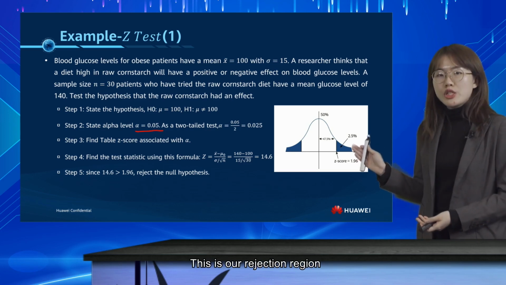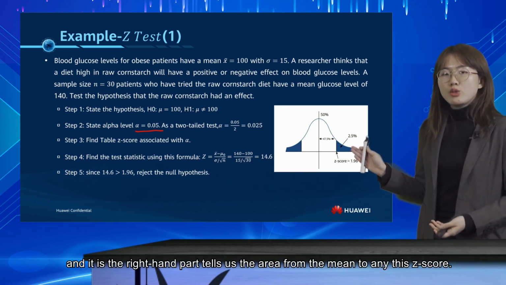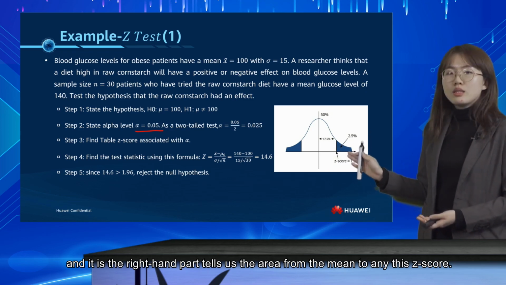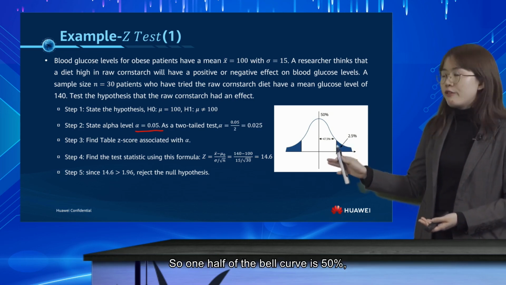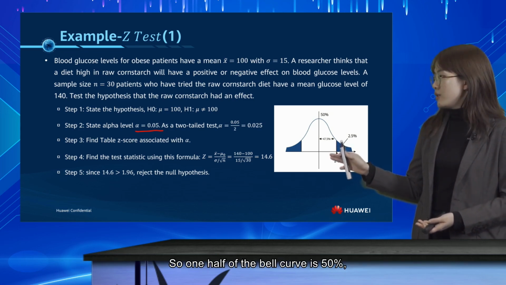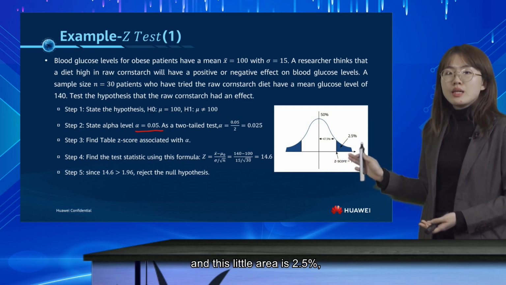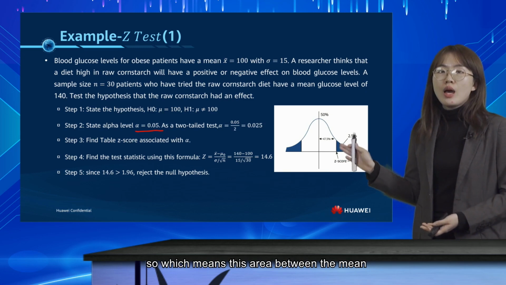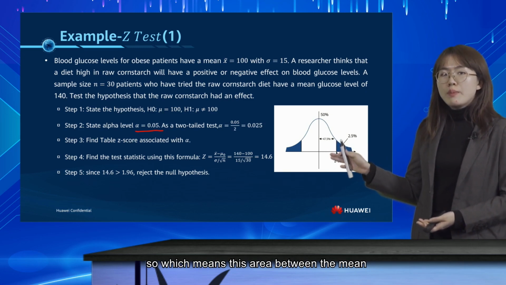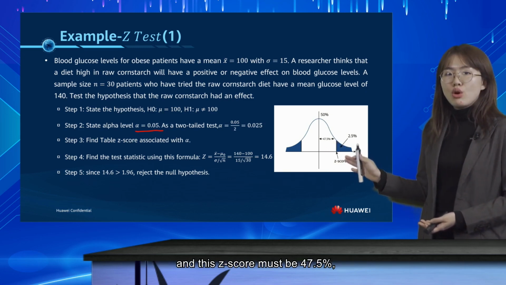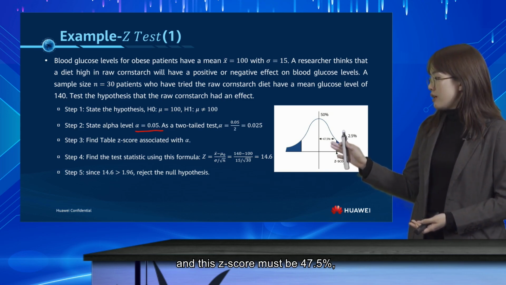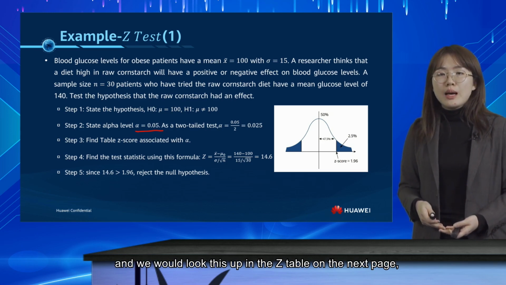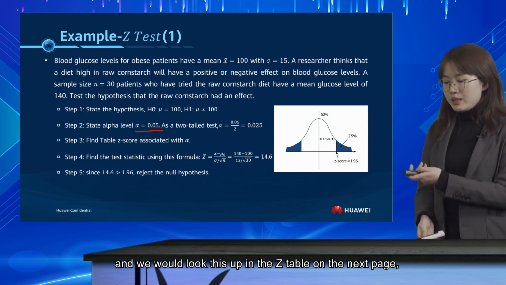This is our rejection region, and the right-hand part tells us the area from the mean to this z-score. So one half of the bell curve is 50%, and this little area is 2.5%. Which means this area between the mean and the z-score must be 47.5%. And we could look this up in the z-table on the next page.